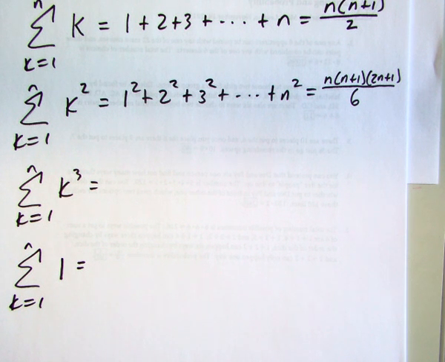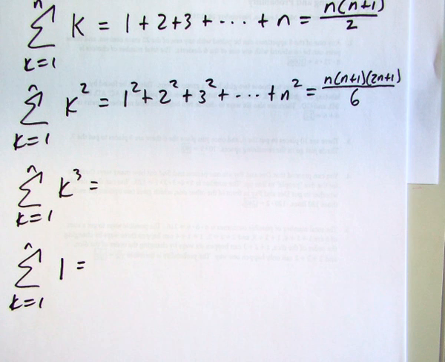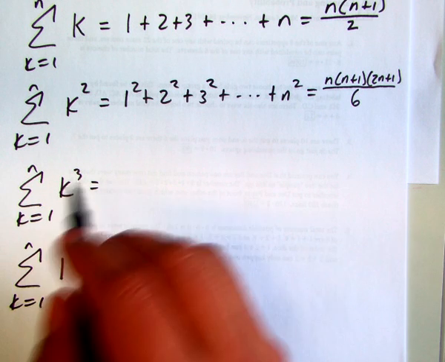Let's see. Yes. It is definitely 6. Okay, I'm not sure why I have something else in my notebook. It's n times n plus 1 times 2n plus 1 all divided by 6.